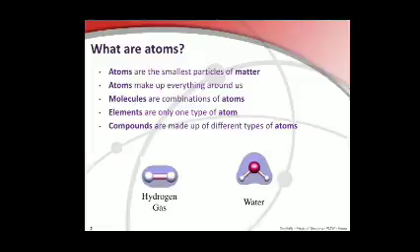Compounds are made up of different types of atoms, like sodium chloride, which combines one sodium atom and one chlorine atom to form a stable compound.